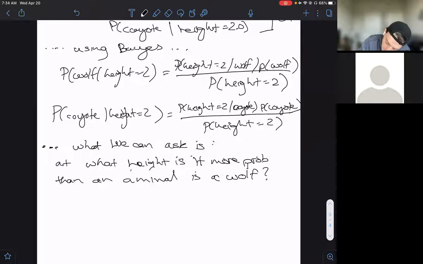At what height is it more probable that an animal is a wolf? That is what we care to find.